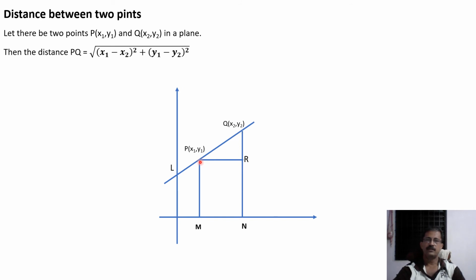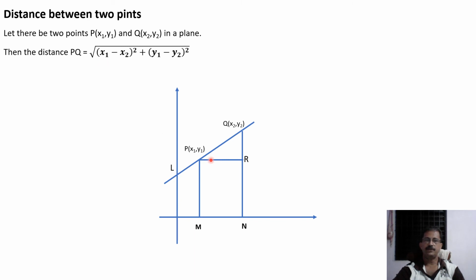It is PR square plus QR square. So hence PQ is equal to the square root of PR square plus QR square, where PR is x2 minus x1 and QR is y2 minus y1.